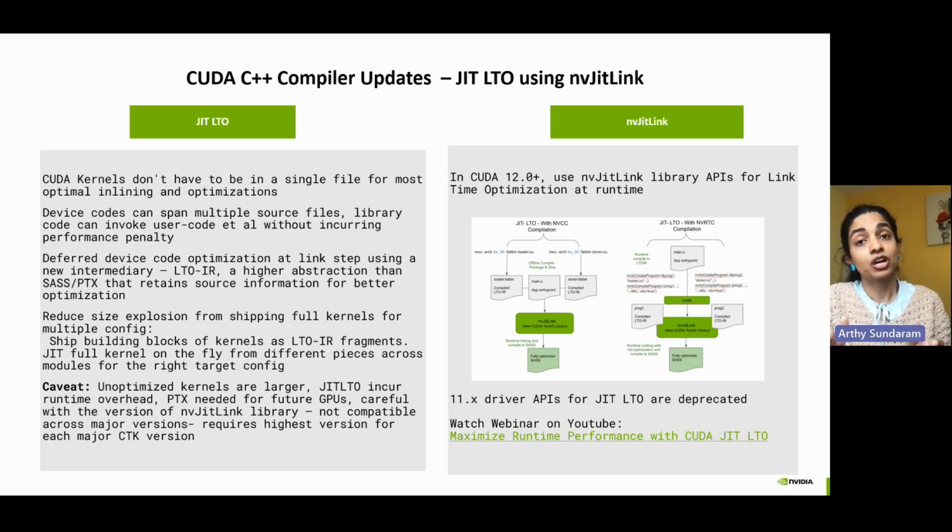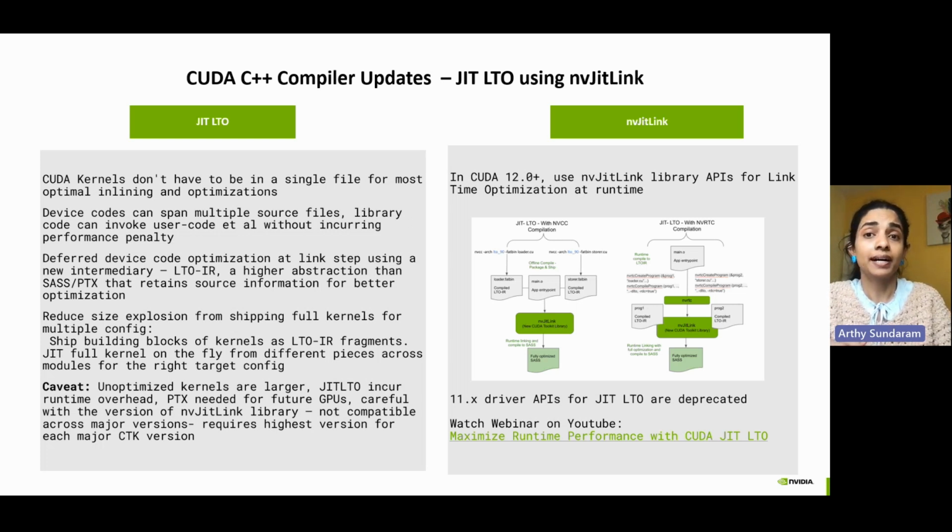Now with this, the user code is LTOIR and your library code is also LTOIR, and you don't have to figure out what the target configuration is or what the GEMM dimension of your matrix is. All that can be computed on the fly, and a fully formed kernel can be jitted. That means you're reducing the complexity of your binary and also reducing the binary size.